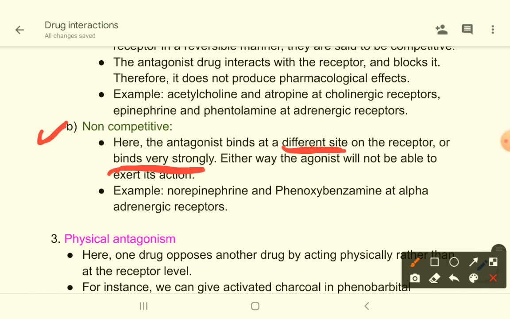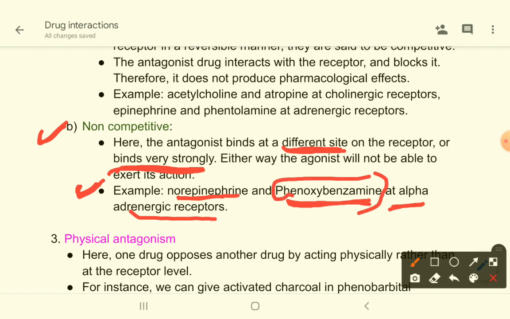So these are non-competitive types of antagonism. For example, norepinephrine and phenoxybenzamine at alpha adrenergic receptors. Phenoxybenzamine is an antagonist at the alpha adrenergic receptor and norepinephrine is an agonist. So phenoxybenzamine is a non-competitive antagonist which does not allow norepinephrine to bind with the receptor.